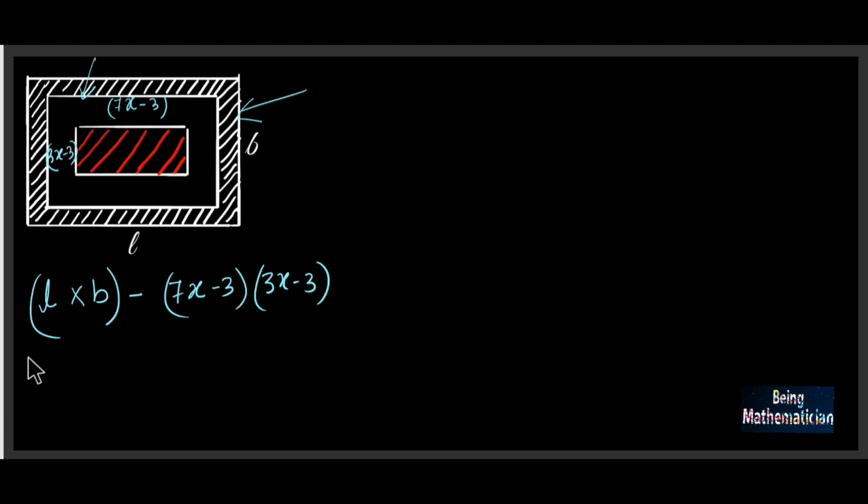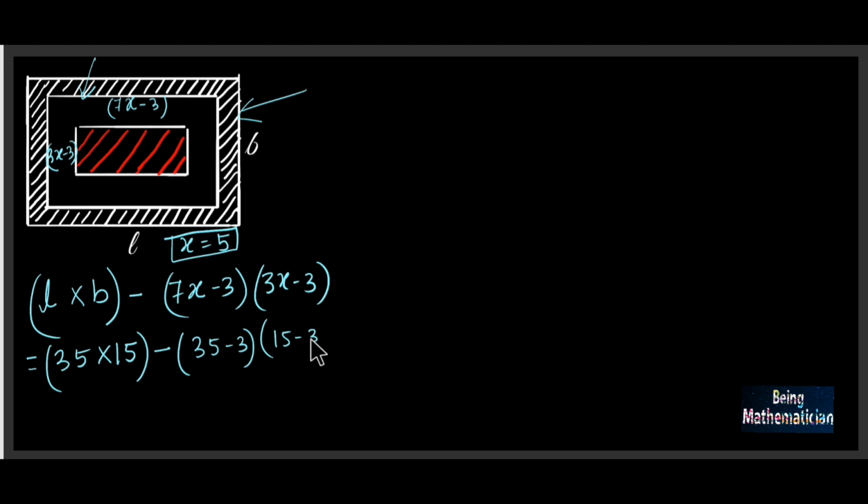Now we know that since x is 5, so L into B must be 35 into 15. And now here we are putting the value of 5, it is 35 minus 3 and 15 minus 3. So it is 32 into 12, and here it is 35 into 15.